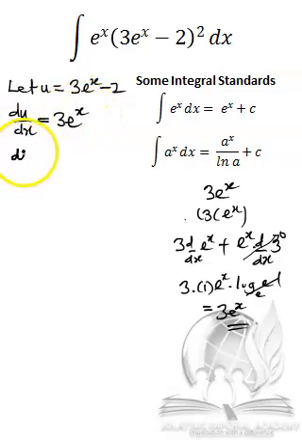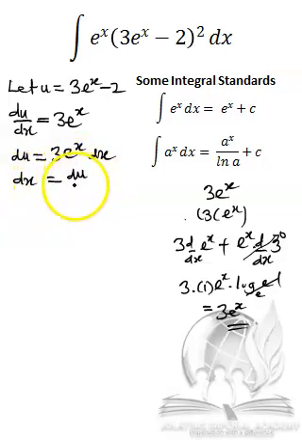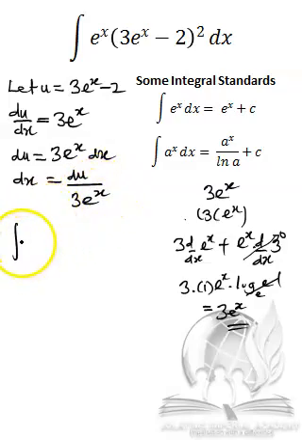So that means my du is equal to 3e^x dx, and my dx is equal to du all divided by 3e^x. So coming to the question, we have e^x.